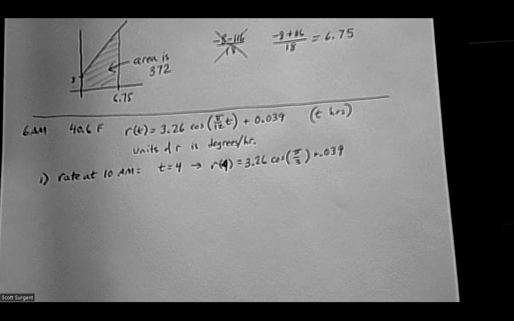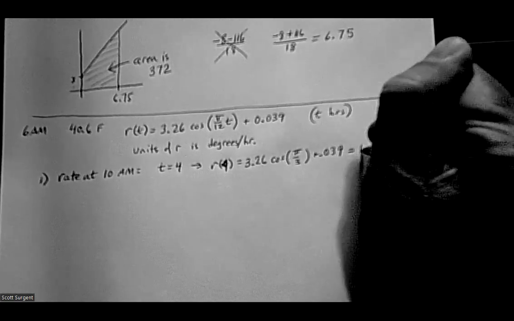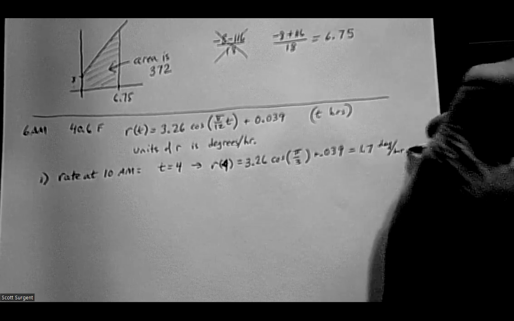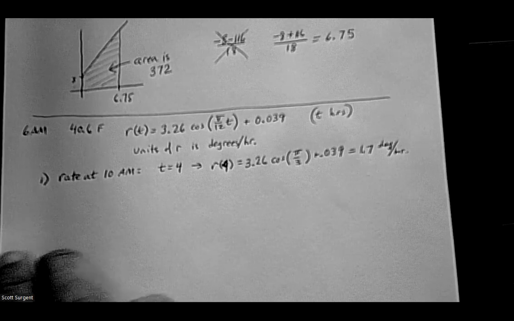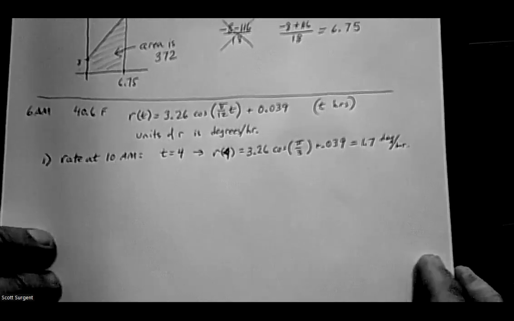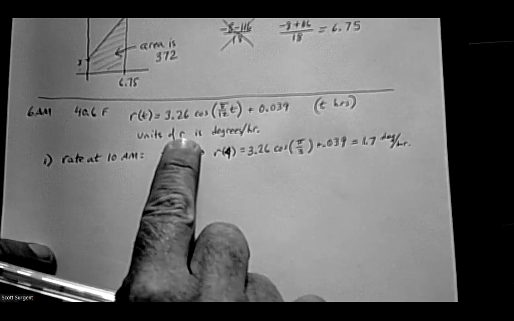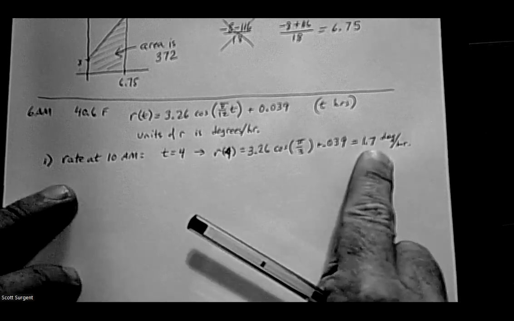I just get 1.6. Actually, I'll just round it up, 1.7 degrees per hour. And I wanted to emphasize that because the units are important. It's degrees per hour, it's a rate function, so that tells us just to plug it in.